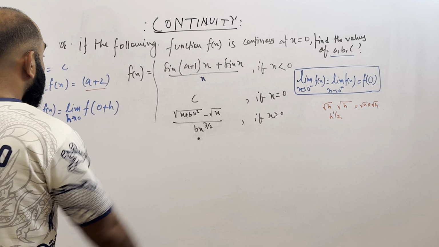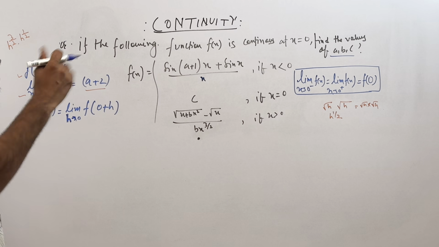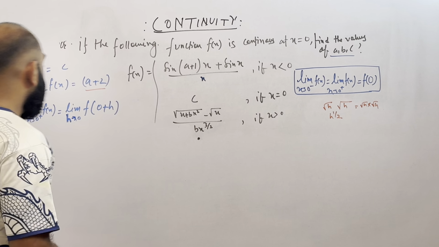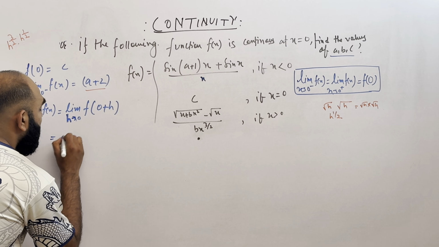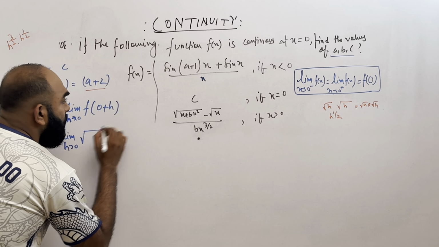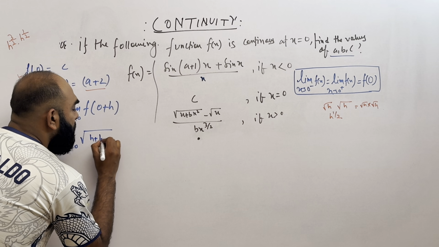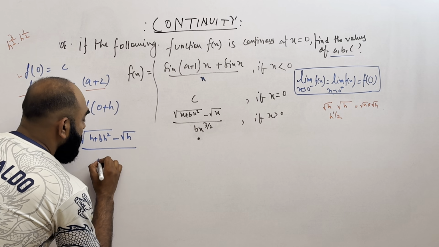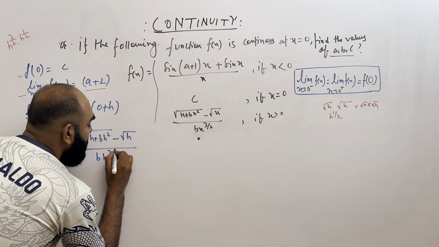Very good. This expression says you go in the given function, and in place of x keep 0 plus h. I will write limit h tends to 0, root of 0 plus h, that is h, plus b h square, minus root h, divided by b h to the power 3 by 2.